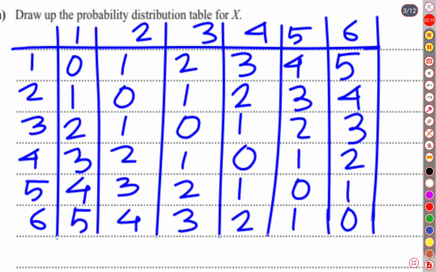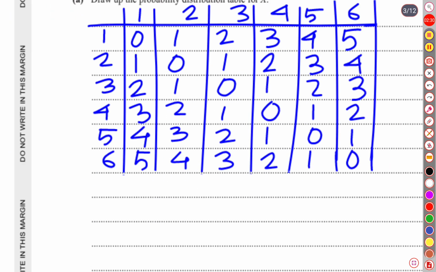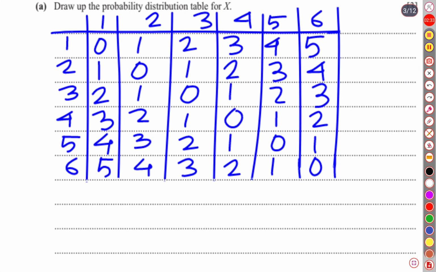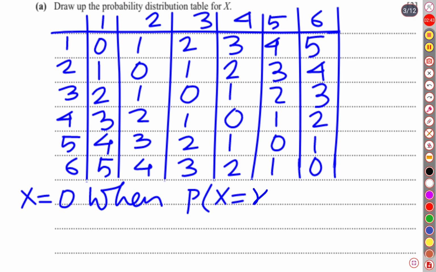Now we will have to know how many zeros there are, how many ones, how many twos. So we can write here, when x is equal to 0, our probability P of X equal to lowercase x.